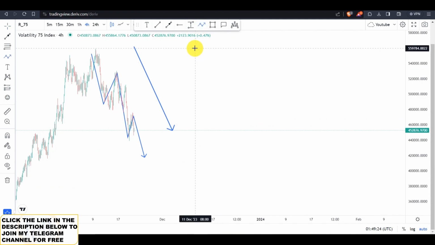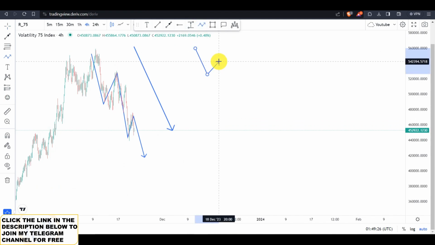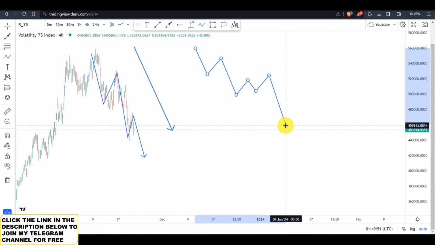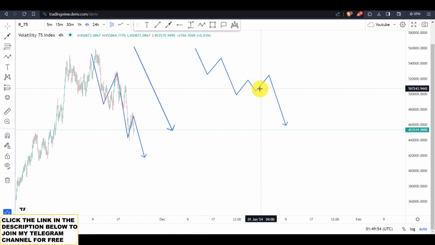For example, if this is the downtrend market moving this way, this will be the lower low, this will be the lower high. After the break of the structure, it is only then that we are forming a new lower low. Once the market comes right here, let's say, to form a new lower high, and comes again right here to form another point, before coming to this down point right here, this level, it cannot be termed a lower low.